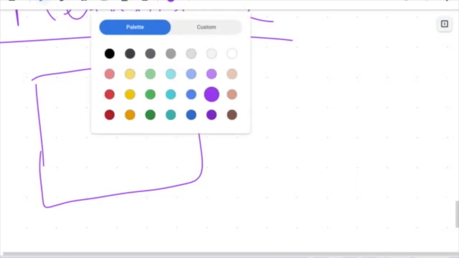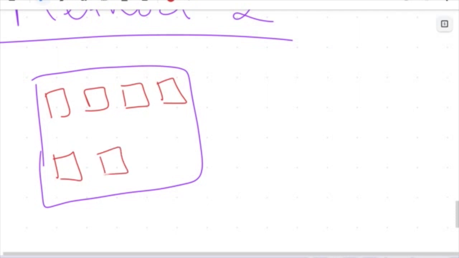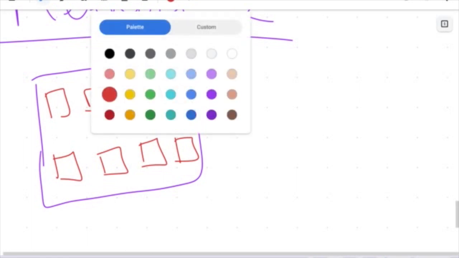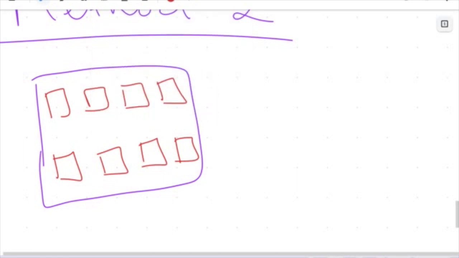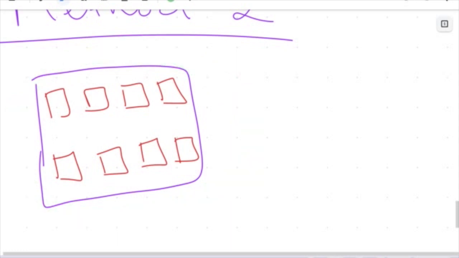I have 1, 2, 3, 4, 5, 6, 7, 8 books here. So I have my 8 books and I have 15 boxes. So I have 15 groups of this box of 8. So that's going to get multiplied by 15.